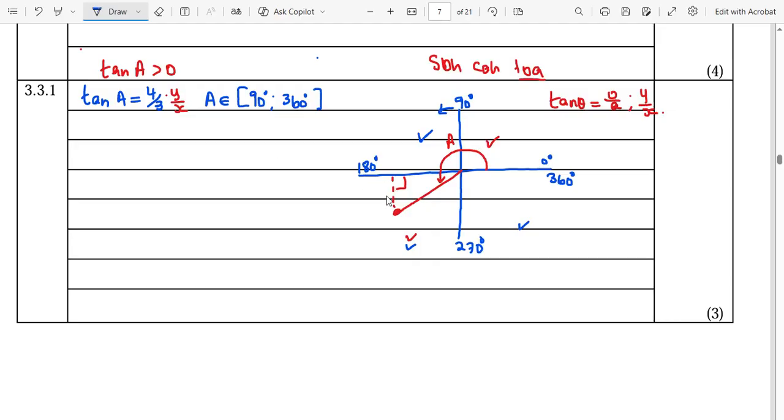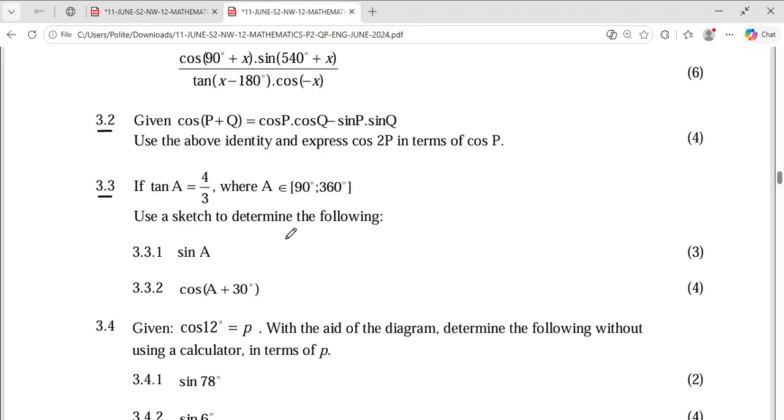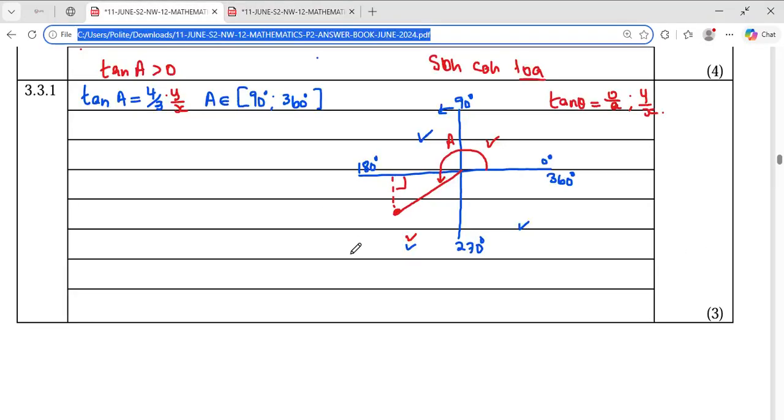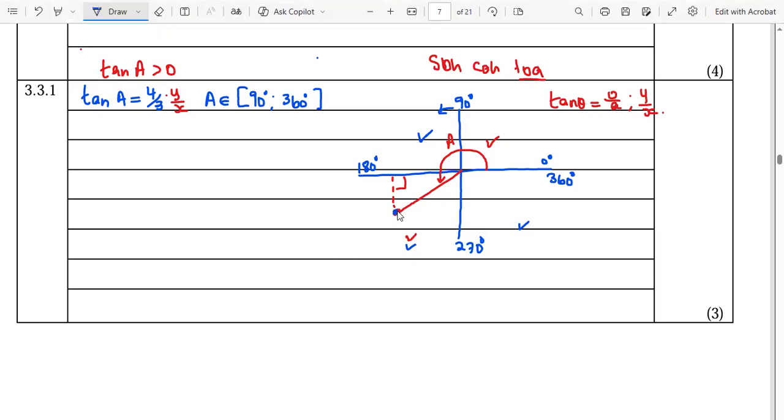My x is 4, but this is not making sense, guys. Let me go back to the question. Maybe I'm missing something. 4 over 3, but this is quadrant 3. Think about it. The y values are negative in quadrant 3, so this is minus 4. And the x values are also negative, so this is minus 3.